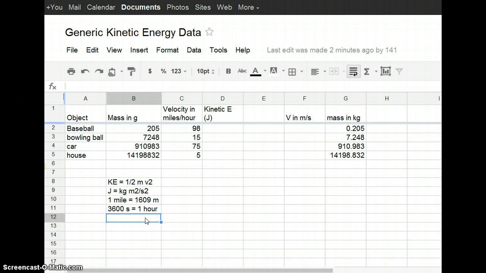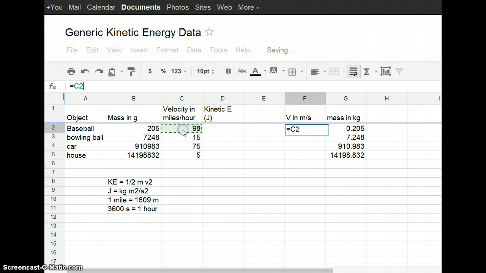So I know those two conversion factors, and with a little bit of thinking, I can figure out that to get velocity in meters per second, I go into my velocity cell, go back up to my function area, and hit equals. I need to take the velocity in miles per hour, which is this number, and multiply it by 1,609, and divide it by 3,600.